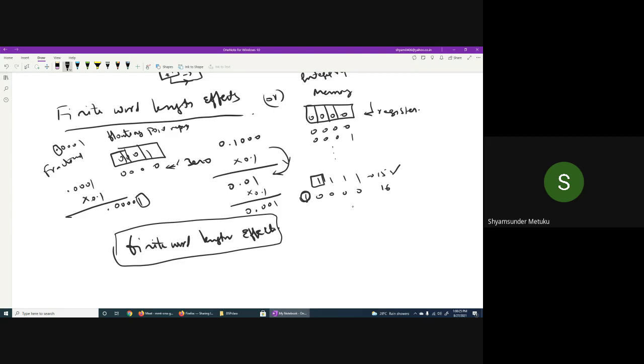When you multiply the coefficients in the feedback path a certain number of times, because most digital signal processing algorithms are repetitive sums of products, you keep on multiplying and adding, you may end up losing the actual value, and it will come down to 0, which is an undesired result. Whatever problem you face because of that is considered a finite word length effect. Is it okay? Is it clear? Yes, sir, it is clear.